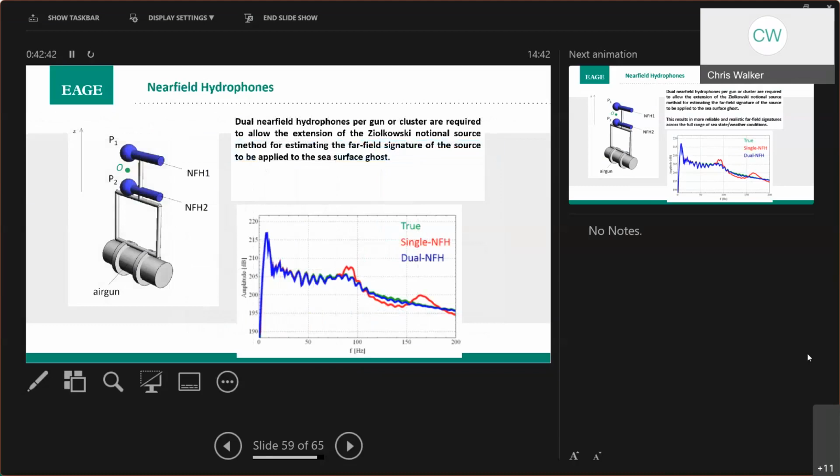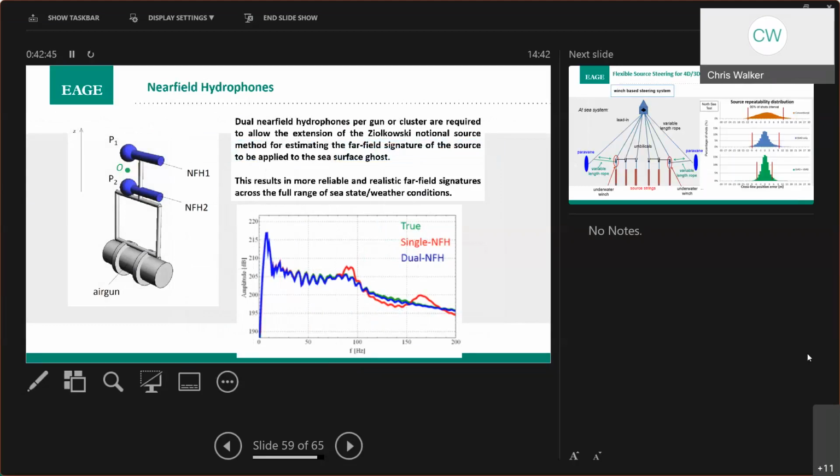The notional source method assumes a reflectivity coefficient for the sea surface ghost, and in practice, especially in variable weather conditions, every processing contractor has had to modify the sea surface reflection coefficient over time to get a better match between the far field signature predicted from the near field hydrophones and the data recorded in the streamers or in the nodes.